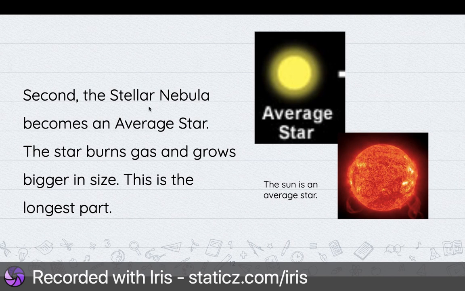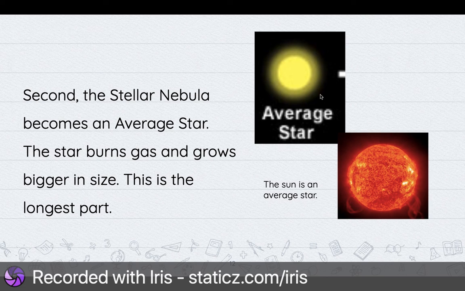Second, the stellar nebula becomes an average star. The star burns gas and grows bigger in size. This is the longest part. This is the average star. This is a long part of the star's life. The sun is an average star.